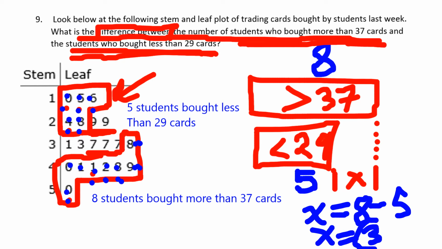So 3 is the number of students who bought less than 29 cards. I'm sorry, I meant to say that 3 is the difference between the number of students who bought more than 37 cards and the students who bought less than 29 cards.